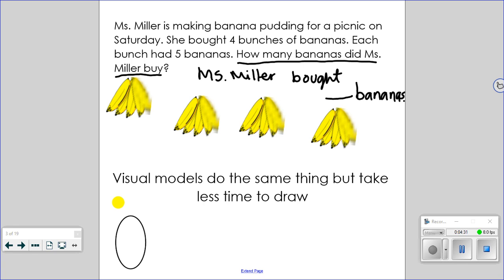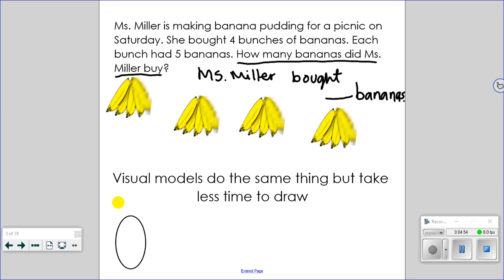You can think about your bunches as groups. A bunch, yep, that's what it's called when you buy a banana group. It's called a bunch. You do not need to announce what you're drawing. Come on.